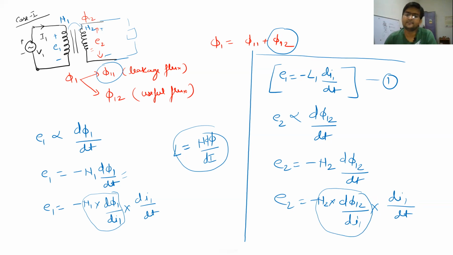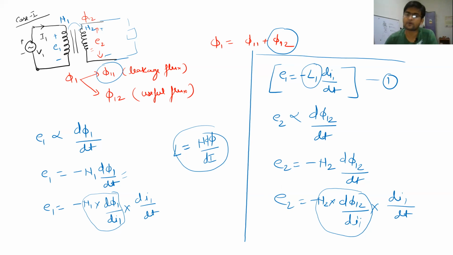Now, this is the inductance value in the secondary winding due to the flux produced by the primary winding. In the previous case, the L1 value was the inductance value due to the flux produced in that same winding.